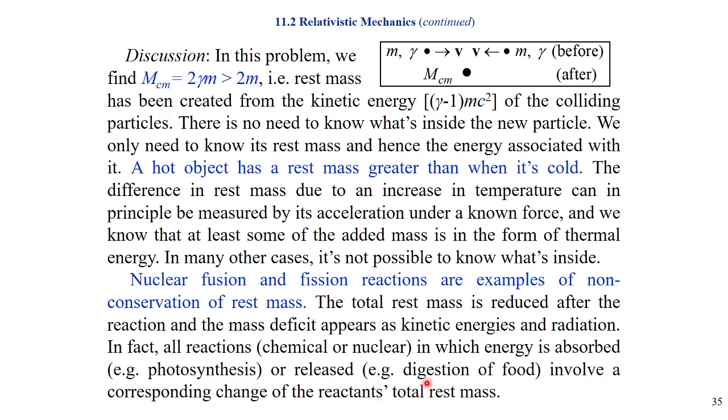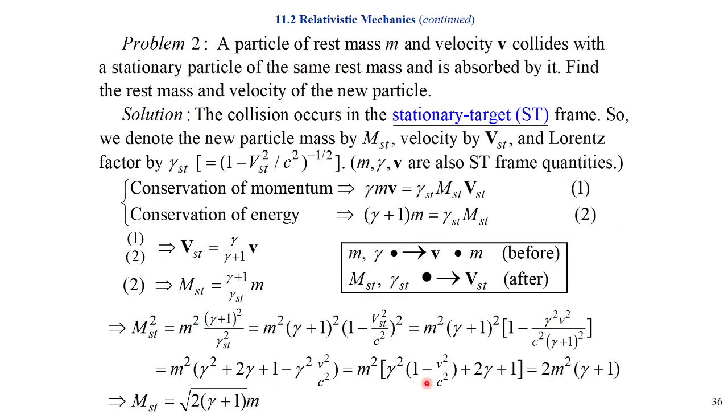Okay. Problem 2. Let's consider another condition. We have a particle, once again, moving to the right, rest mass m, but this time we have another particle fixed initially, and they collide and combine into one.